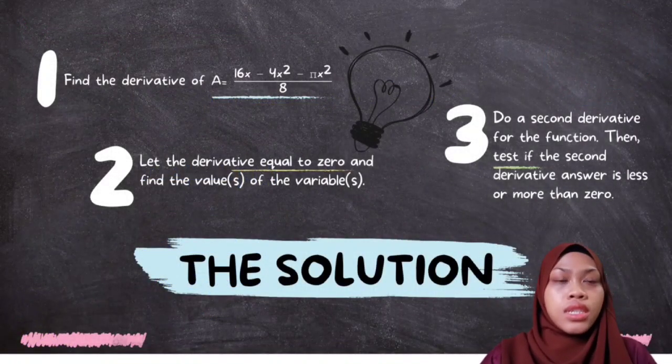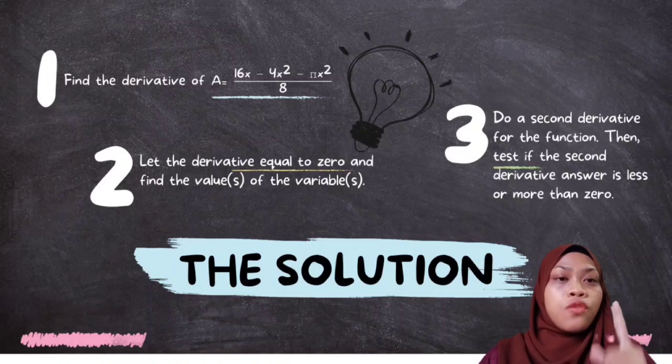So in question C, the answer is using the application of maximum and minimum problems. To answer these questions, firstly, we need to find the derivative of the function A, which is A equal to 16x minus 4x squared minus pi x squared over 8.